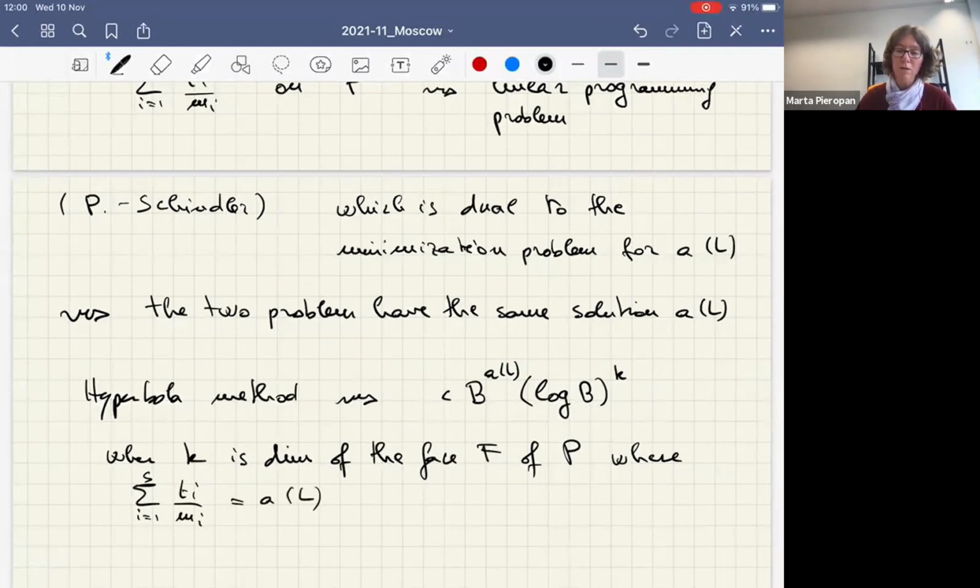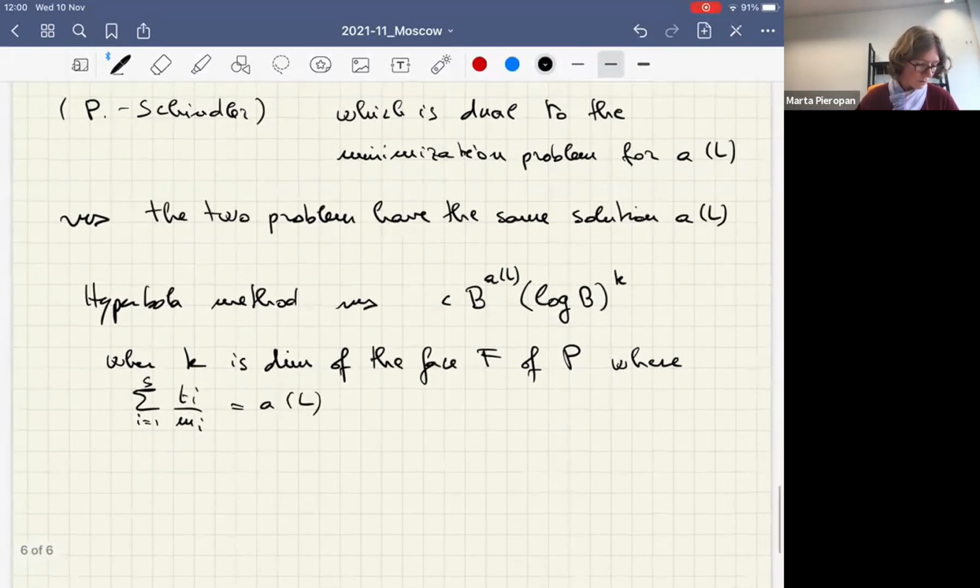And then by working out the toric geometry behind this, what we show is that actually this dimension k is equal to b(L) minus 1. Now, I don't have time to give you the details about this.